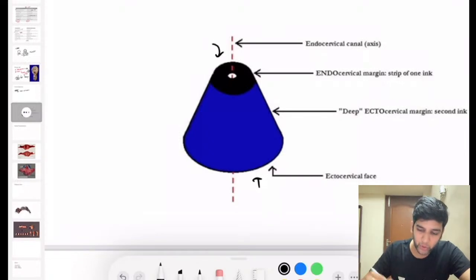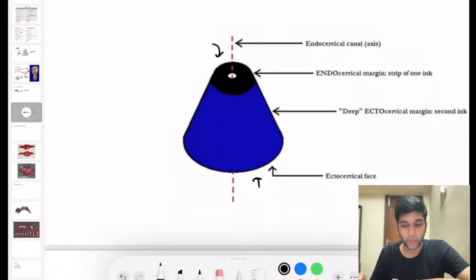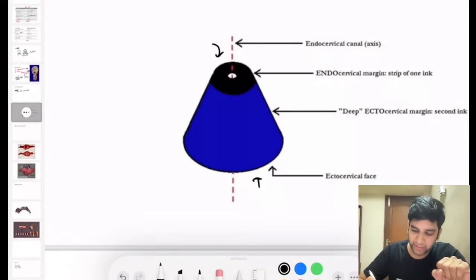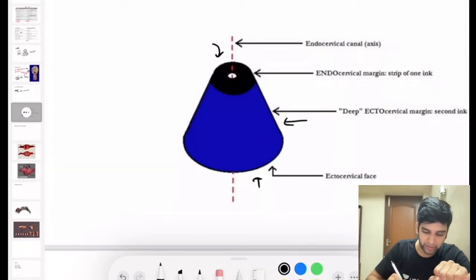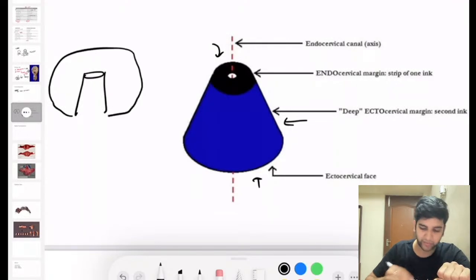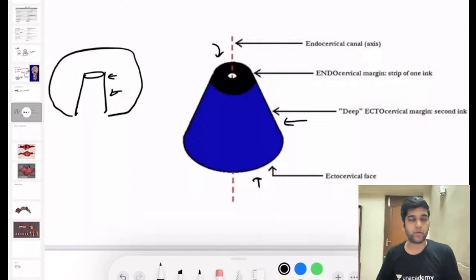I don't want the endocervical face also to be inked. What is more important here is, see, conization can be therapeutic as well as diagnostic for a much more radical surgery in the future, right? So this part of the cone, because if this is a cone taken from a much larger cervix, this part of the cone and this part of the cone is attached with your body.